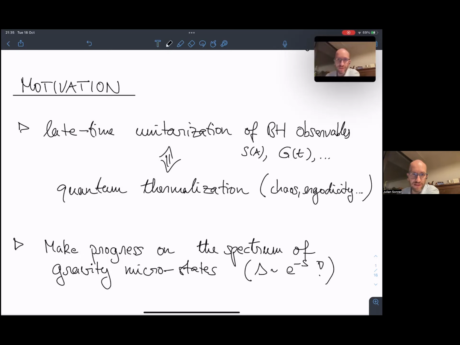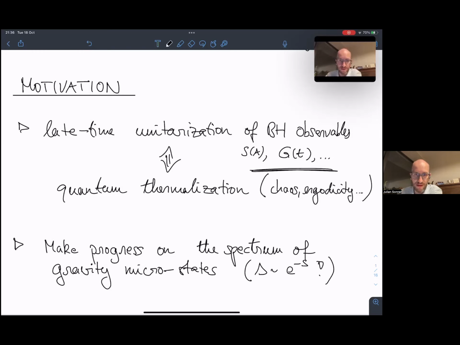Many of these, when calculated from a classical gravity point of view, suffer pathologies that are seemingly not acceptable in a unitary quantum mechanical system. This is one of the main motivations: to find physical effects that help us understand the late time behavior of these observables and to reconcile them with the expectations of unitary many-body quantum systems.